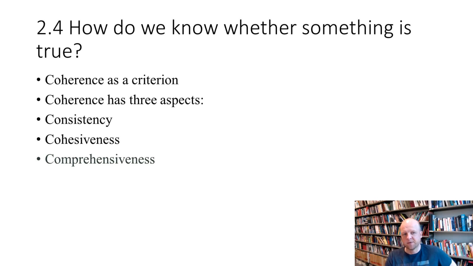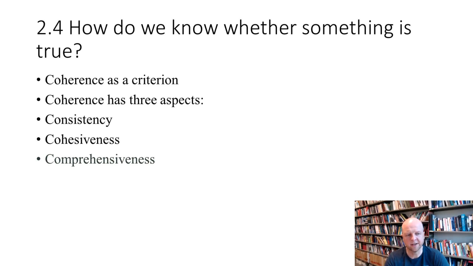I'm suggesting that we use coherence as a criterion, but what does that mean then? Well, there are 3 sub-criteria that make up this criterion of coherence, and so we could say that coherence has 3 aspects. The first is consistency, that the different parts of a theory should not contradict each other, then the theory is consistent.